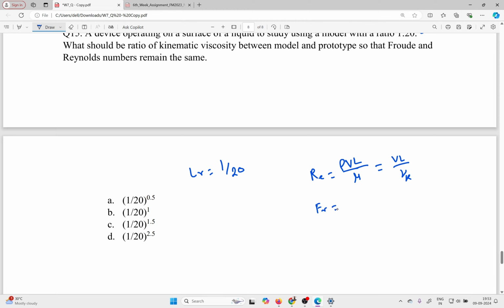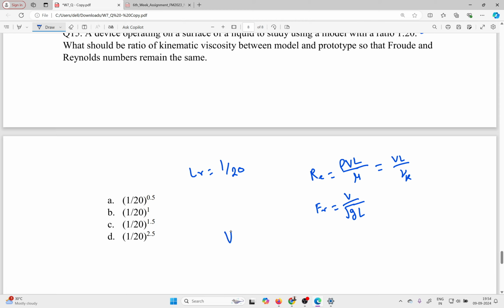Froude number is nothing but velocity divided by root of g L, because area by top width, so L will remain. So for model, you can write the two equations.